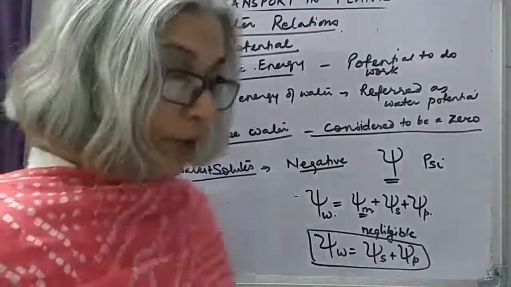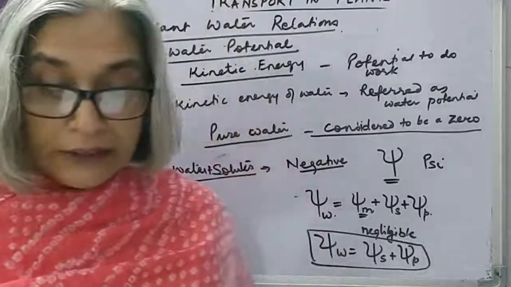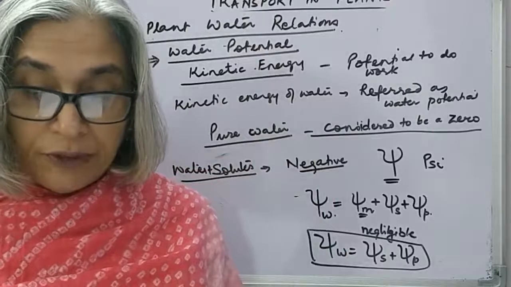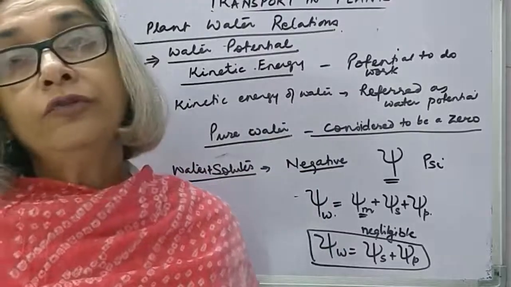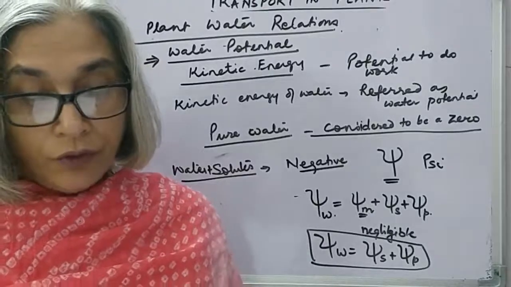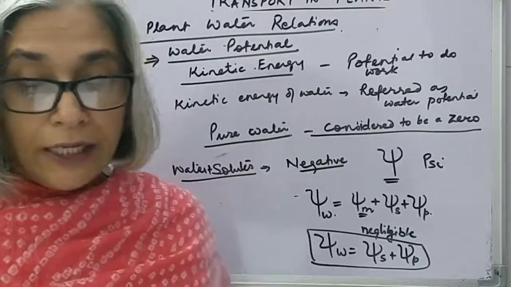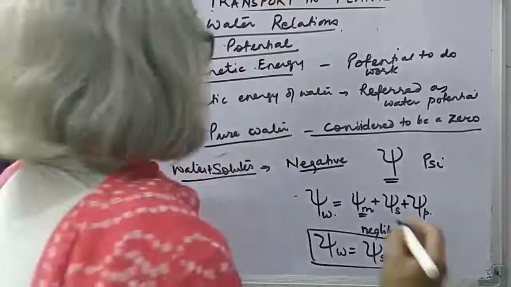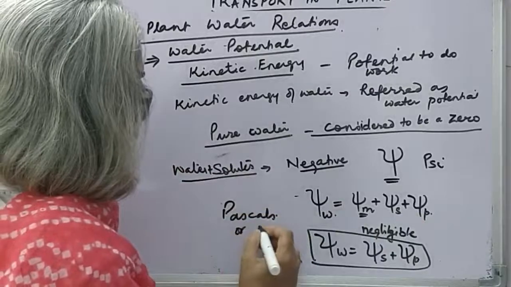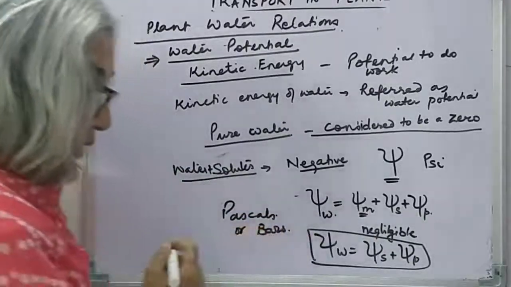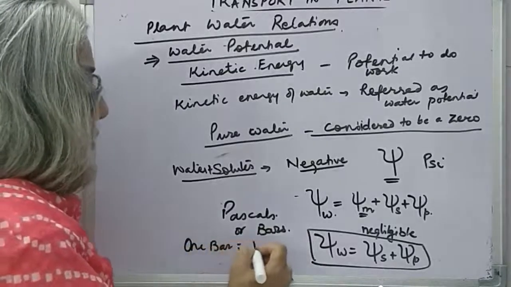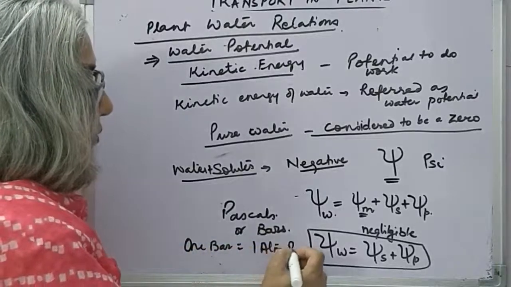And matrix potential is known as imbibitional pressure, and it is considered to be negligible. So water moves from a region of higher water potential to a region of lower water potential, and it is measured in pascals. The unit of water potential is pascals or bars, and we say that 1 bar is equal to 1 atmospheric pressure.